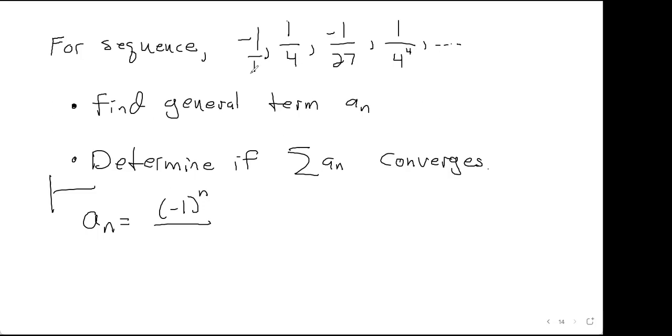So that says that we really are getting n to the n, where n is the first term, second term, third term, fourth term, and so on. And that means that's the general term, then go in and say, what does this series do? And then you go into the problem we just did.